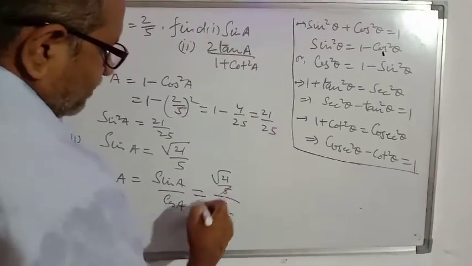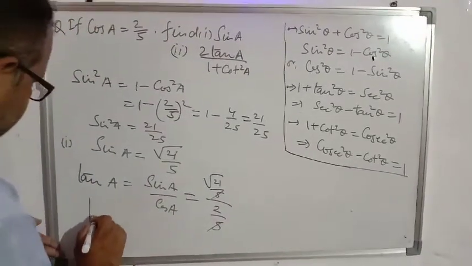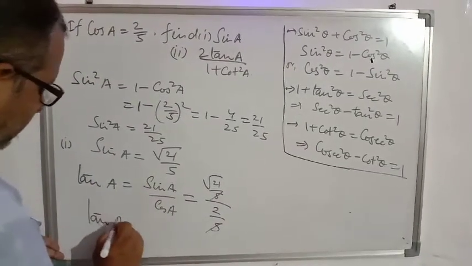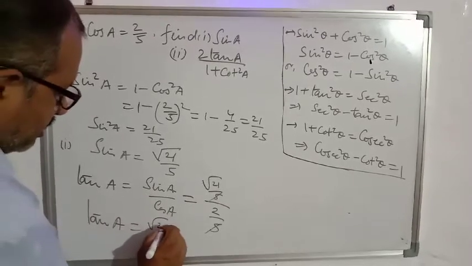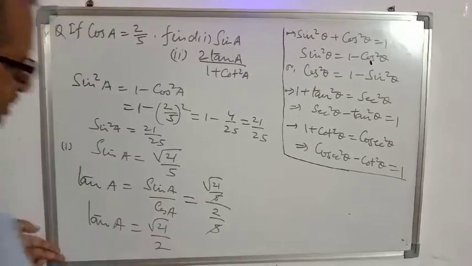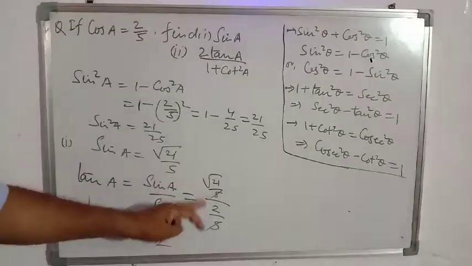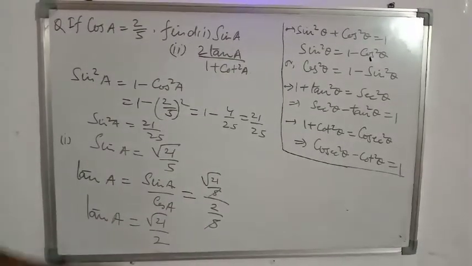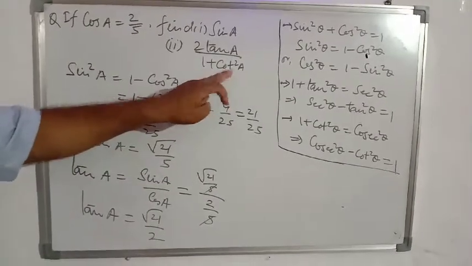This 5 cancels with 5. So tan A is equal to root 21 upon 2. Now we have to find cot A.